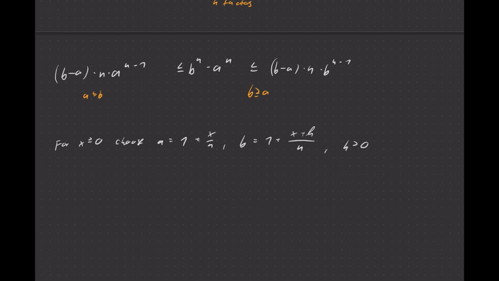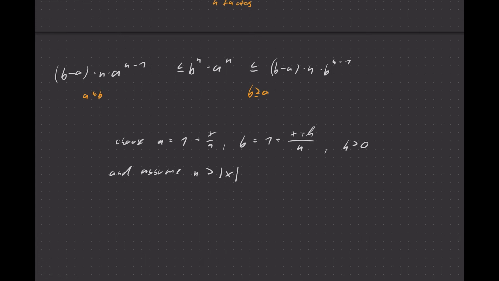And it will turn out we don't even need that this is greater or equal to 0, so we can just leave that out. The only thing that we have to make sure is that we choose n large enough. Large enough means we're going to assume that n is greater than x, or greater than the absolute value of x.